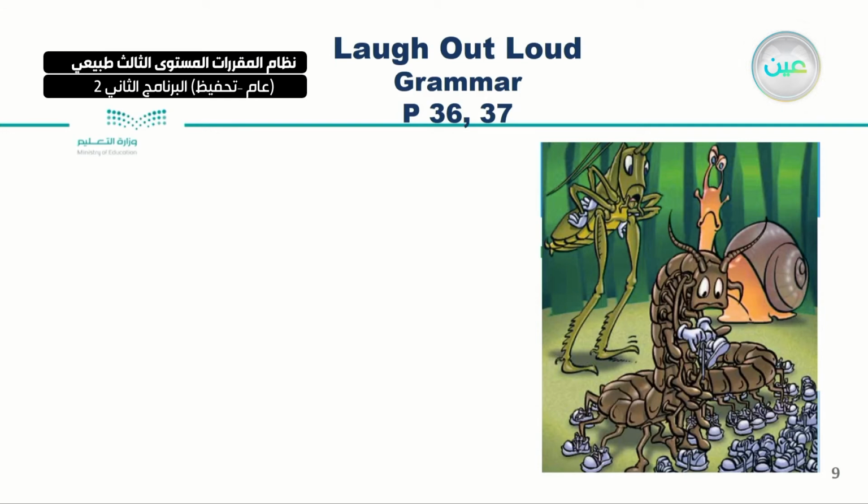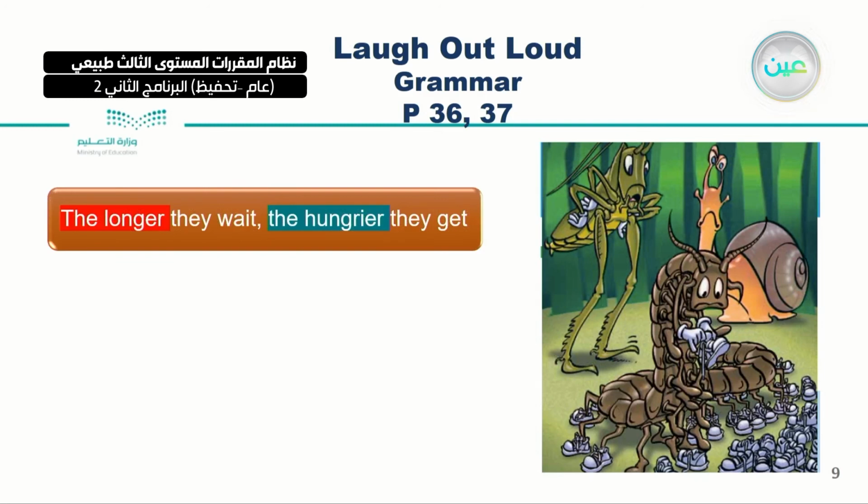Very good. Now, let's see an example of today's lesson, which is going to be about "the longer they wait, the hungrier they get". So they will be more hungry. The longer they wait, so they have time. Then what happened after that? They became hungrier.